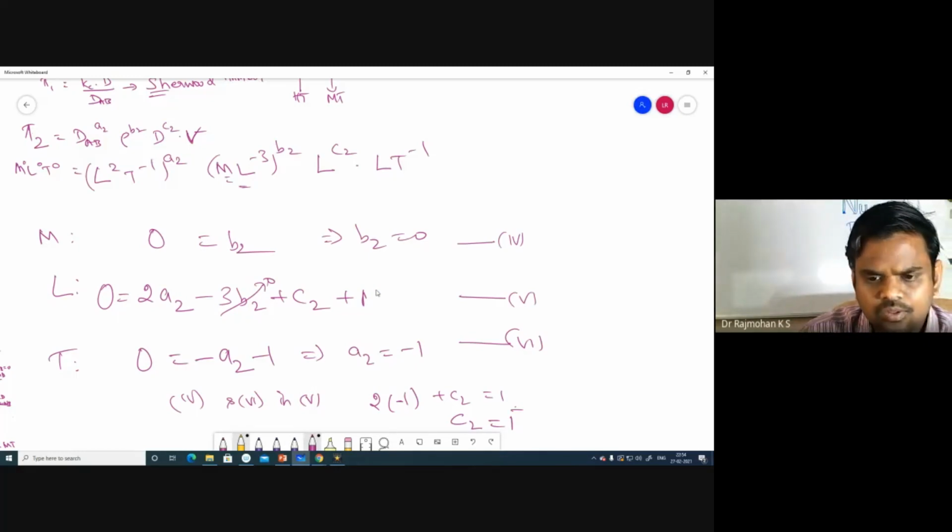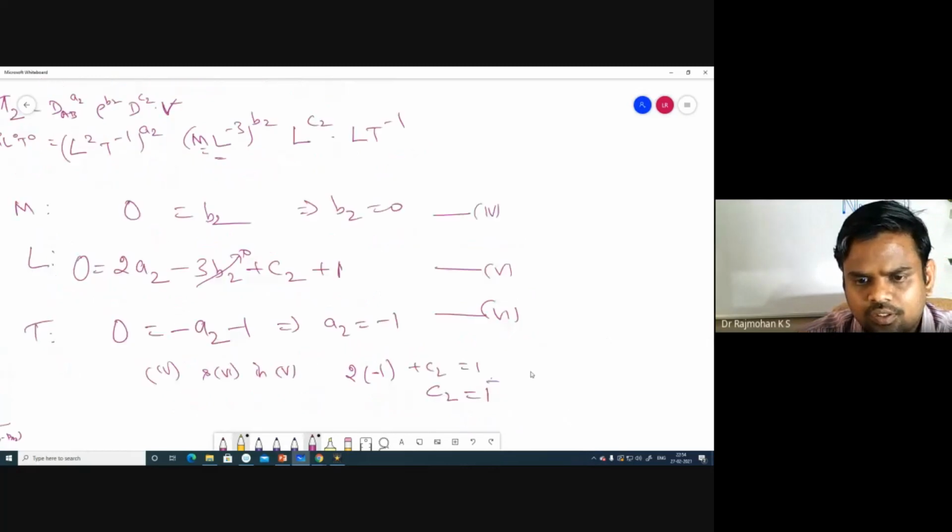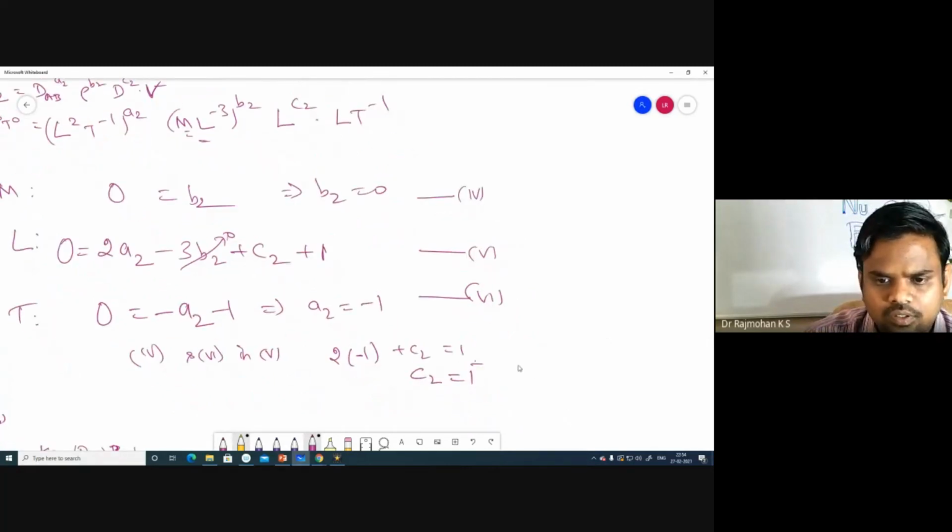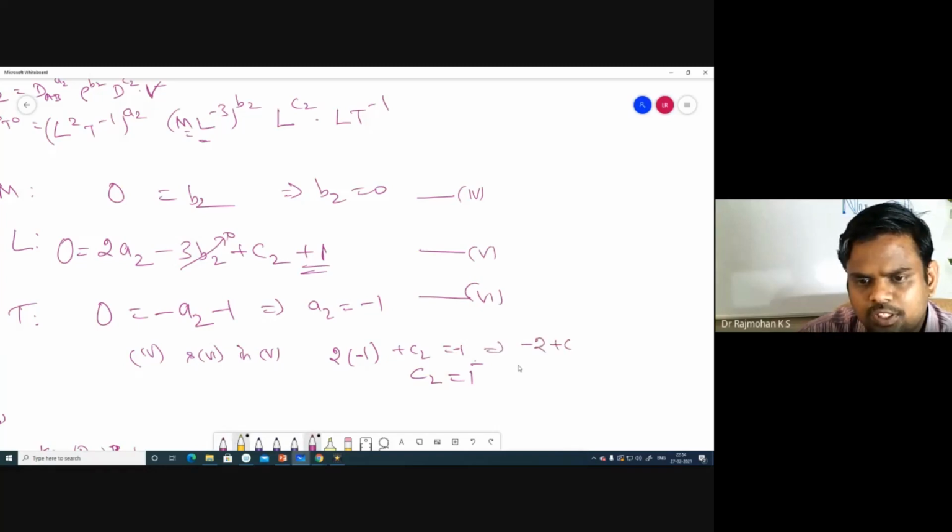That is minus 2 plus c2 plus 1 equal to 0, so c2 minus 1 equal to 0. Therefore, c2 is equal to 1. Yeah, this part you can cut.